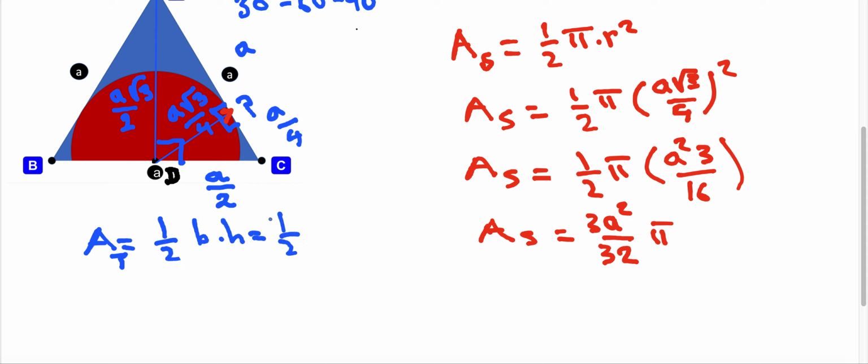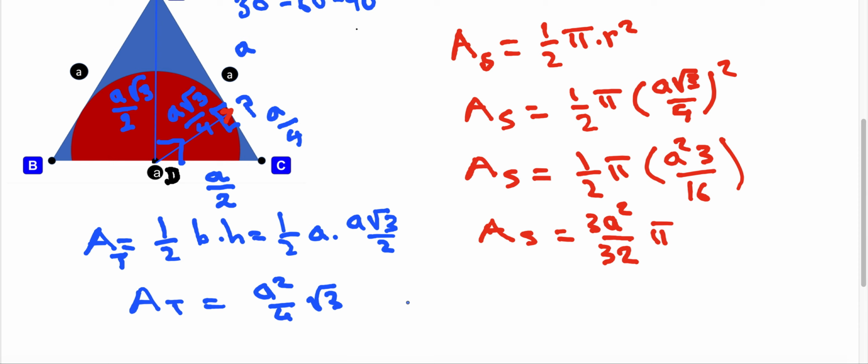Base is A, and height, which is the altitude, is A times square root of 3 divided by 2. If we simplify a little bit, the area of the triangle is equal to A squared divided by 4 times square root of 3.